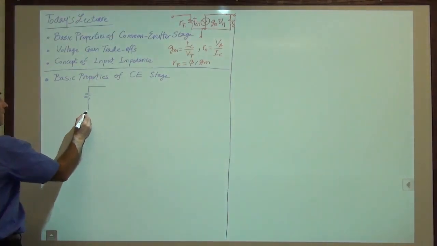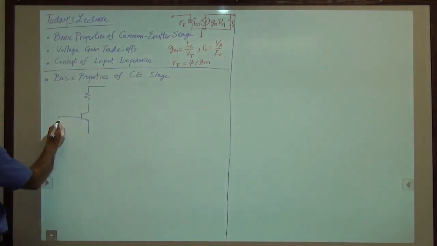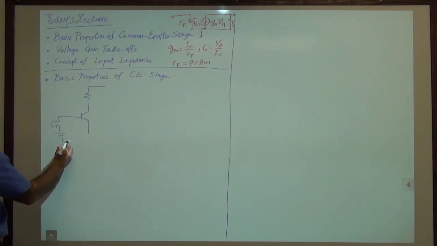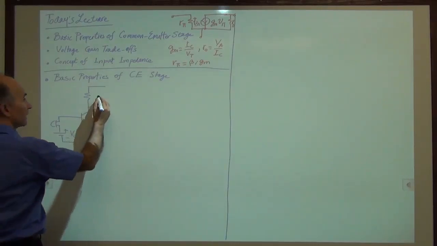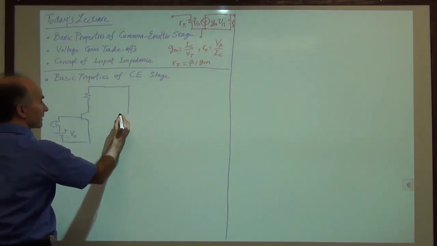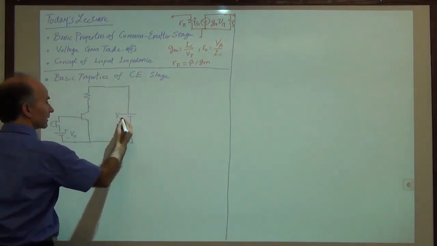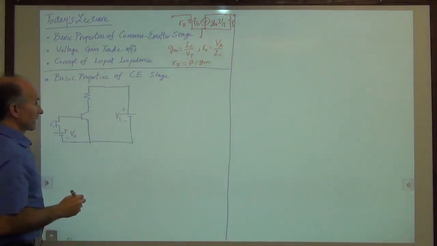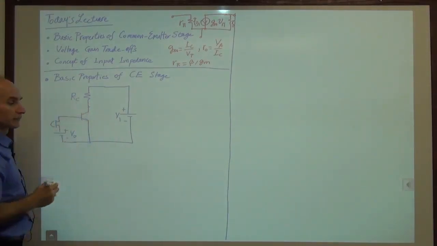We have a resistor connected to the collector, and then to the base we have connected our microphone and a bias voltage, which we call V0, and then the other battery, V1, is connected here, and that's how we ensure that the device is biased correctly.